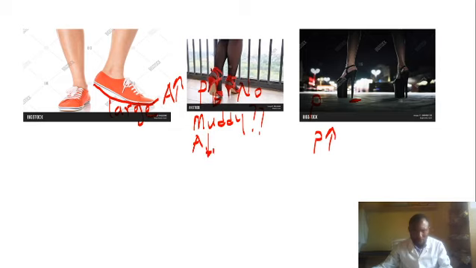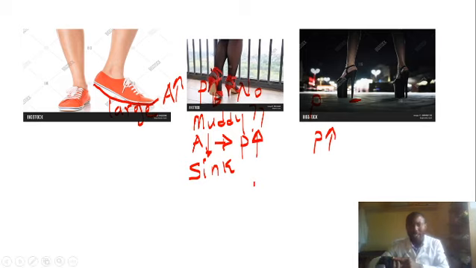A very small surface area will lead to a very high pressure, and therefore you observe that the woman is going to sink into the soil. She will need some force to come out of the soil. That is the relationship that pressure has with the cross-sectional area.